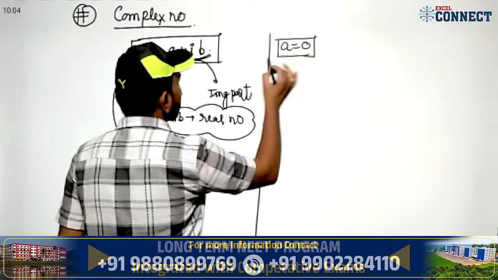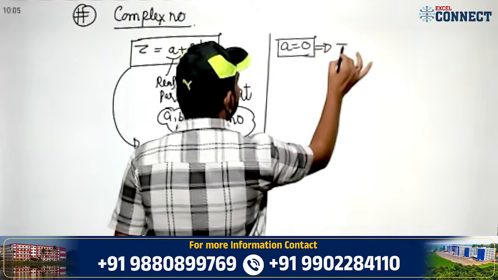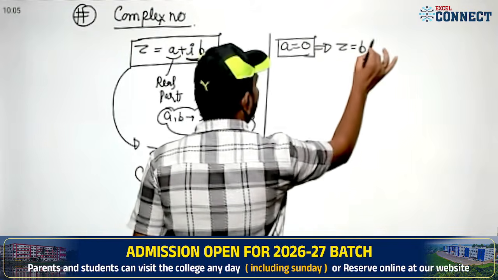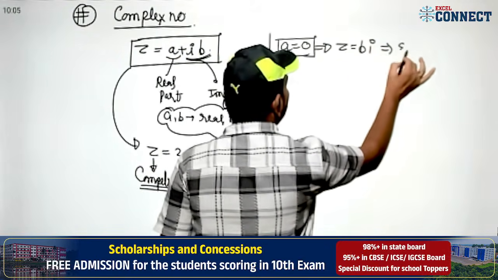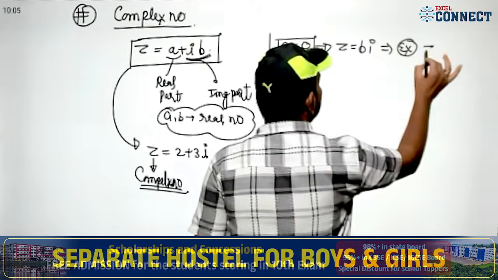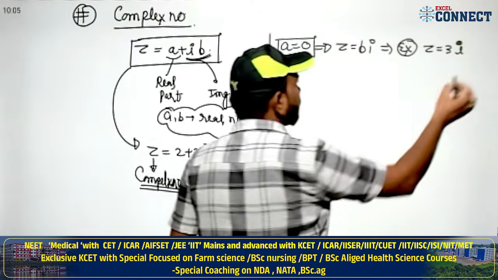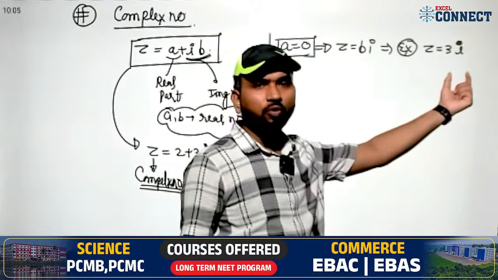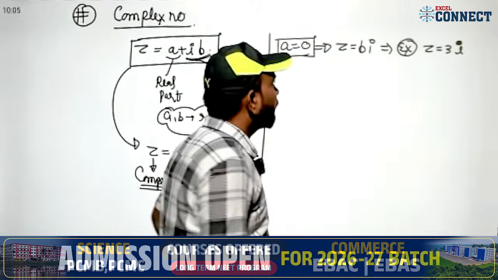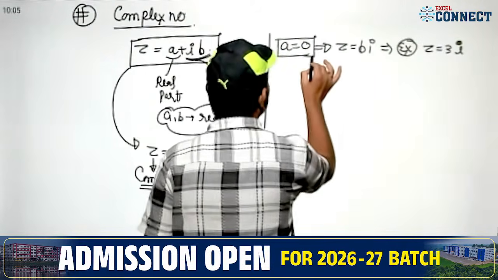Then what does this become? Z is equal to bi. For example, if I write z is equal to 3 iota, only the imaginary portion is coming. So it is called a purely imaginary number.